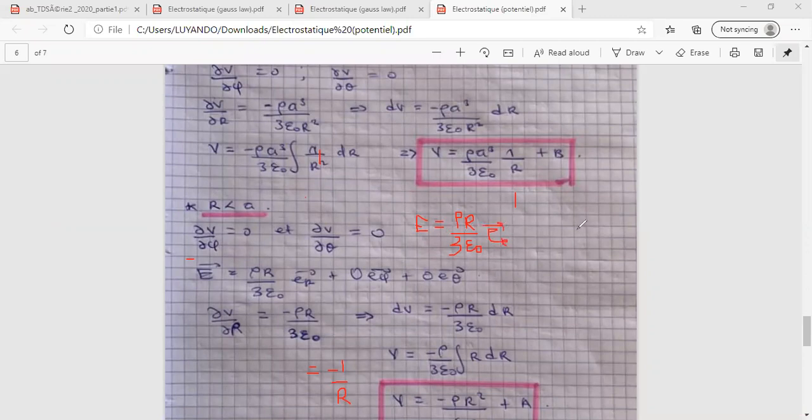So this will be equal to negative gradient, but our gradient in this case is just going to be dV over dr, because we have nothing in the theta direction, we have nothing in the phi direction. So we're going to have this ER.